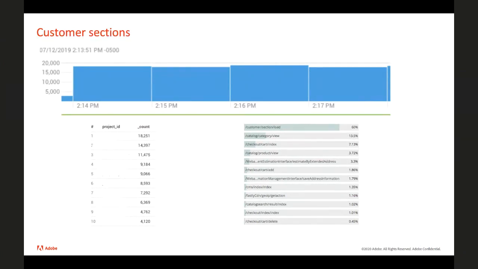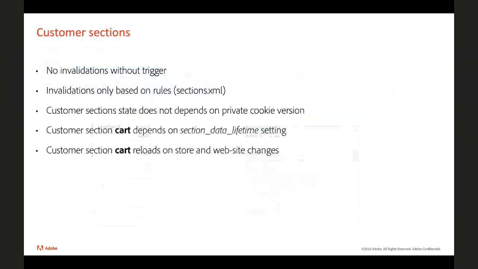If a user came to your website, Magento generated 3 or even 4 additional requests to Magento core, which leads to unnecessary traffic. That's how it worked. It's already fixed. Right now there is no invalidation without a proper trigger. Invalidation happens only based on rules that are described in section XML.